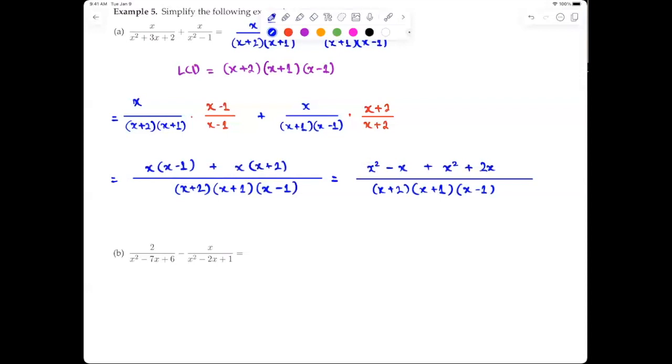Then you combine like terms. So x squared plus x squared become 2x squared. Minus x plus 2x, you get plus x. And the denominator is the same.